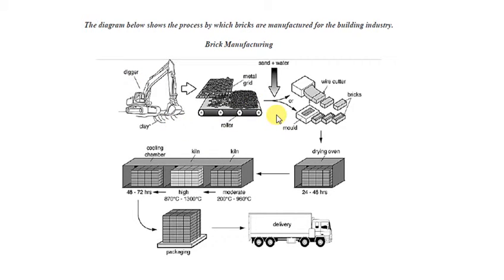Then the clay is put through a metal grid and passed onto a roller, where it is mixed with sand and water. After that, we have two variants.